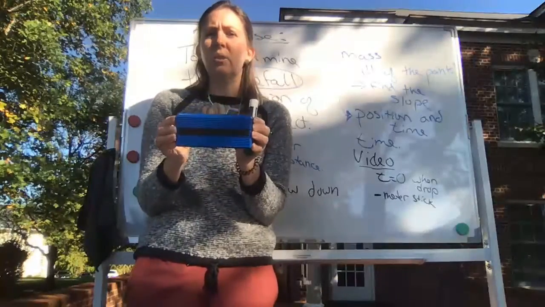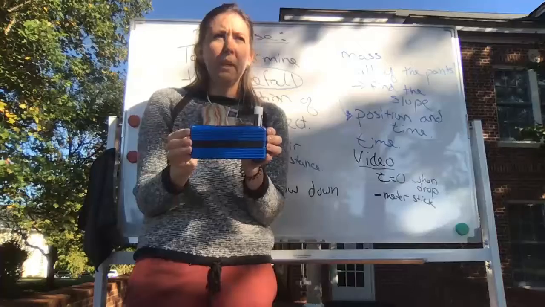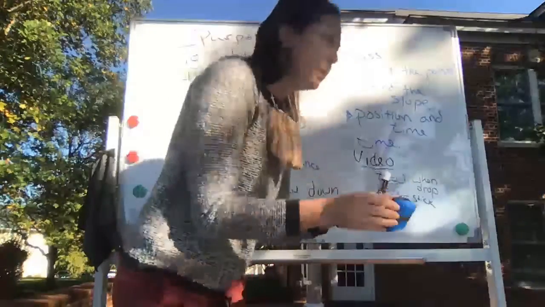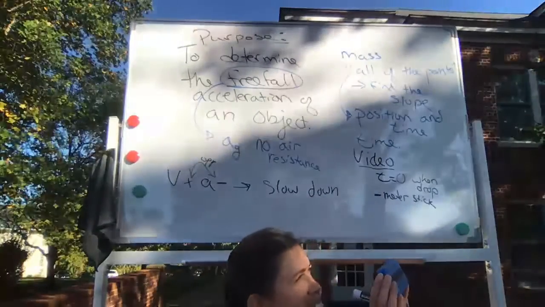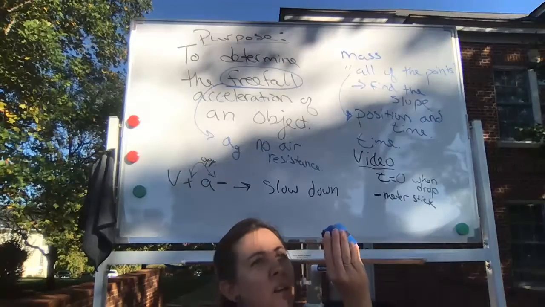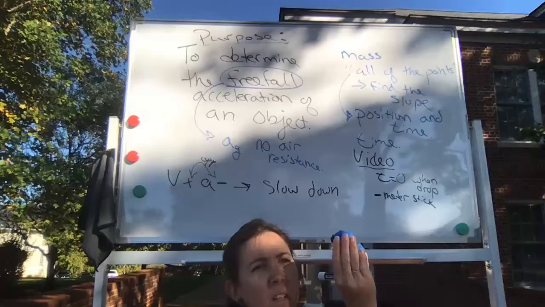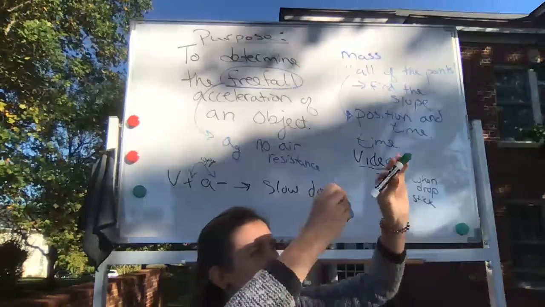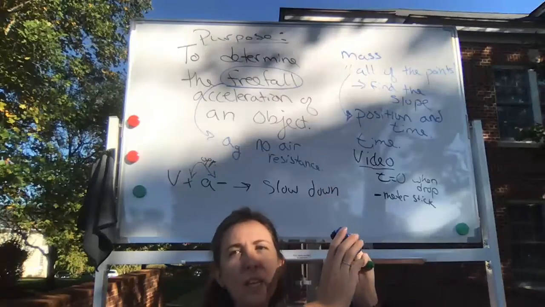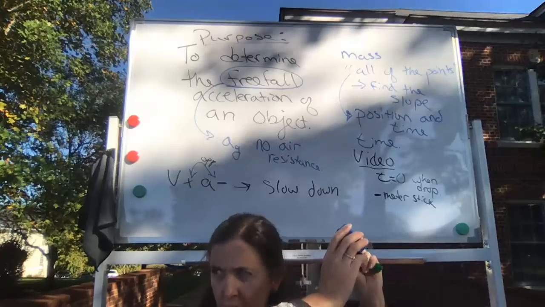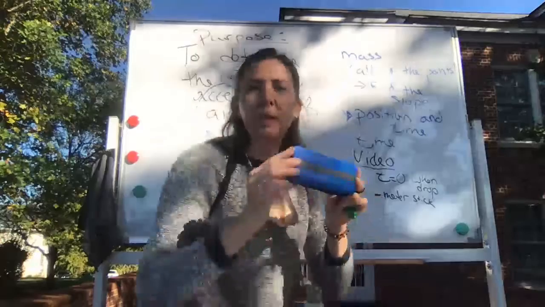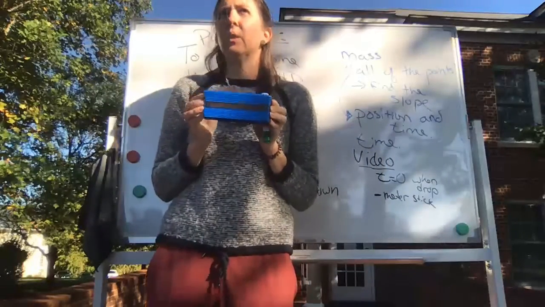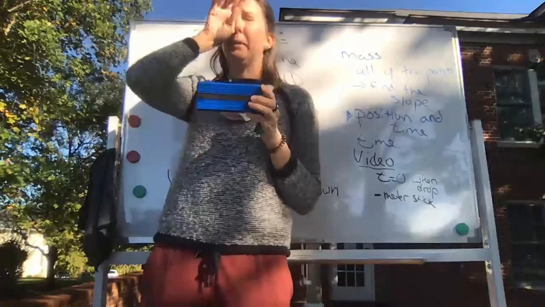If Jed was going to drop something, would it be cool for me to be down here like this, watching Jed drop it? No, because you get weird measurements and weird angles. So make sure you're as perpendicular and end-on to the person dropping the object as you can be.